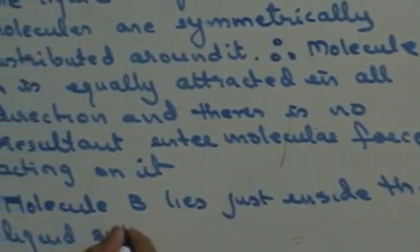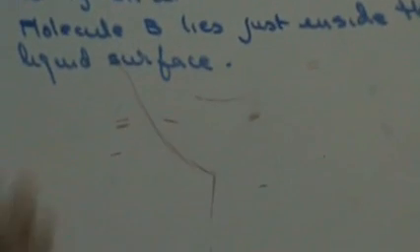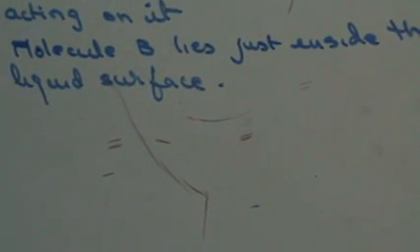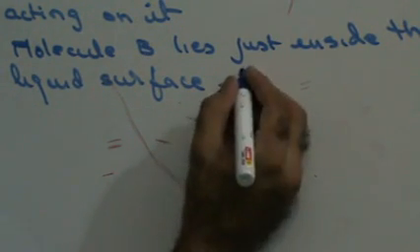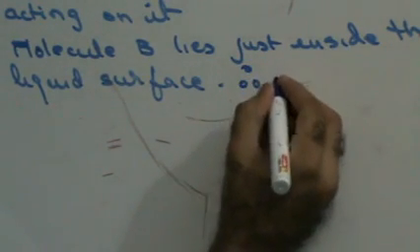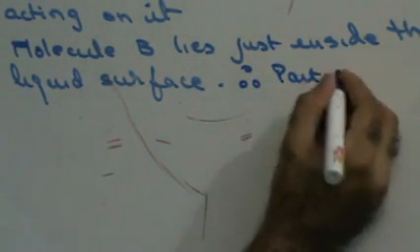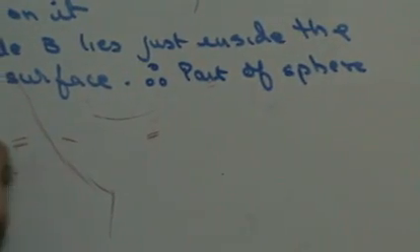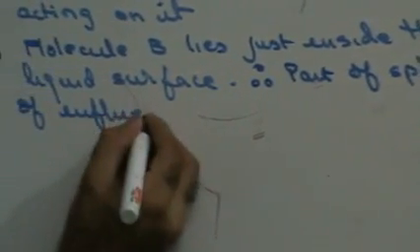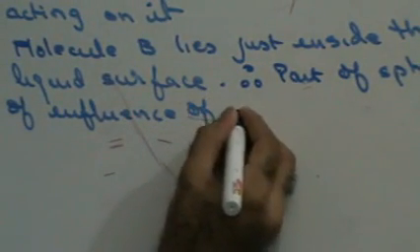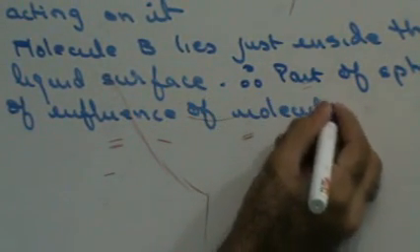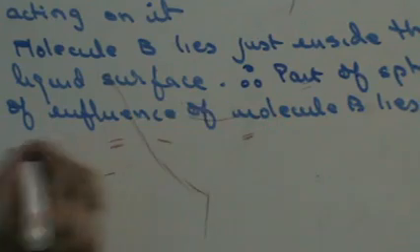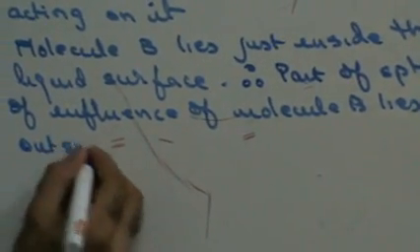Now, since molecule B lies just inside the liquid surface, a part of the sphere of influence of molecule B lies outside the liquid surface.